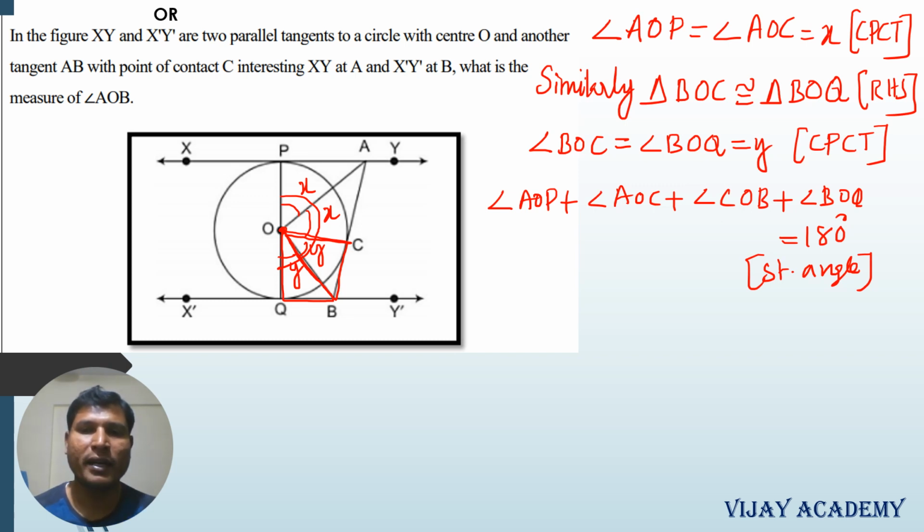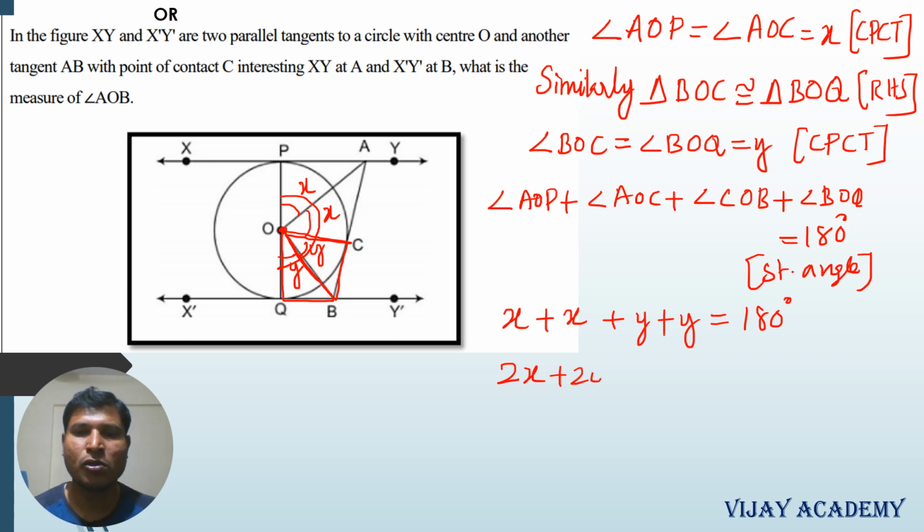Now AOP and AOC are equal, so let us replace them by X and X. And COB and BOQ are equal, so let us replace them by Y and Y. So this equals 180 degrees. Adding, we get 2x plus 2y equals 180 degrees.